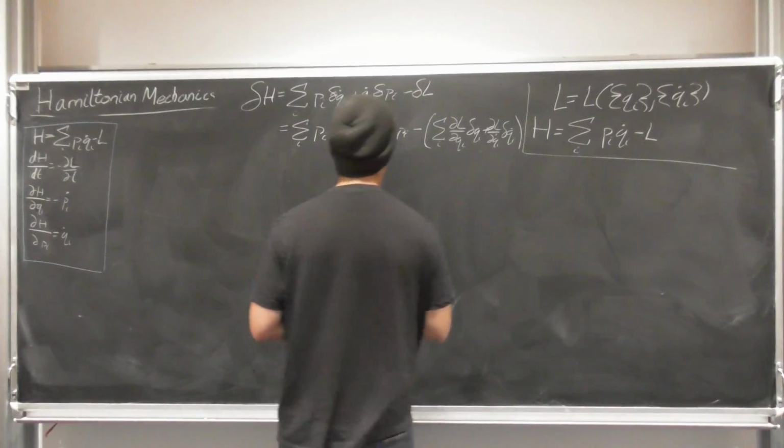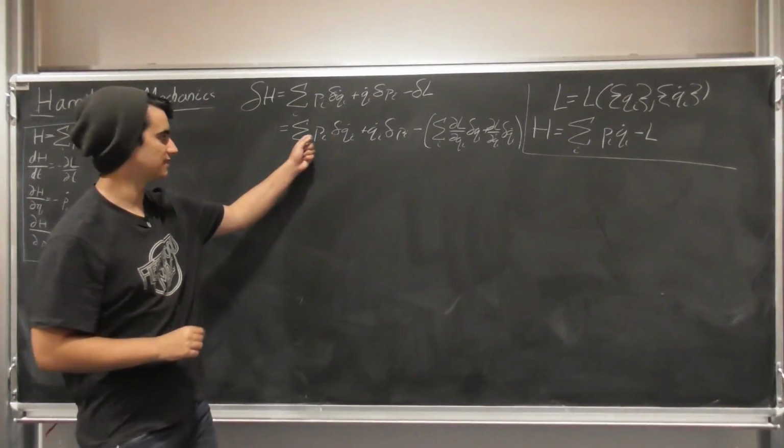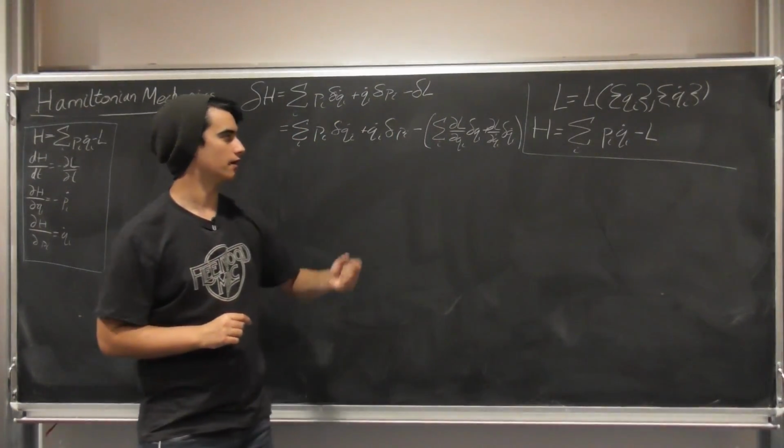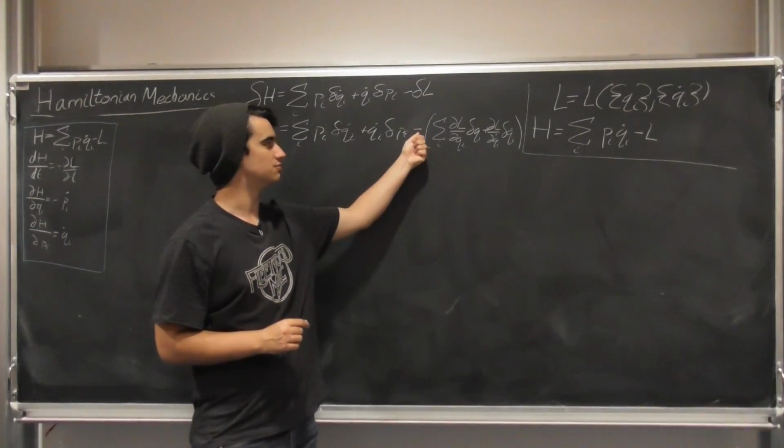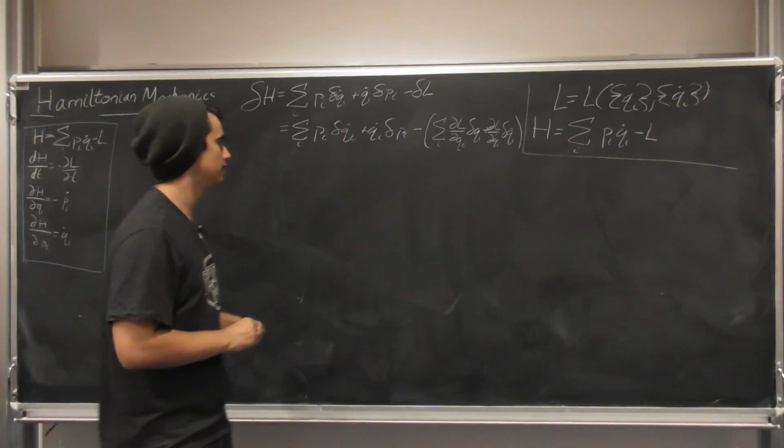Right, so because we're summing over the same index, we're both summing over i, we can combine these two summations into one giant sum, and by doing that we'll also distribute this minus sign.